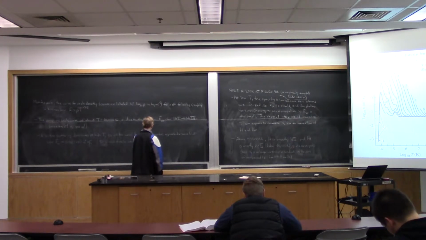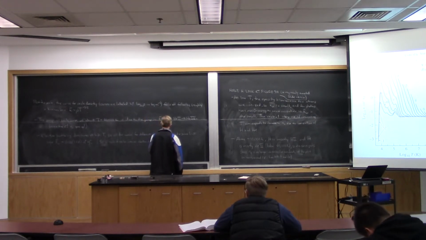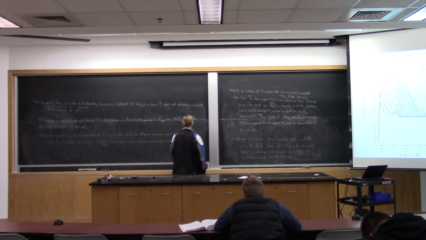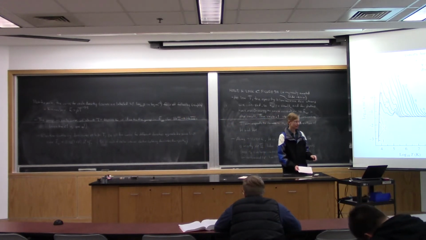So in much of a stellar interior, electron scattering dominates the opacity. It's the main thing giving photons a hard time getting out.